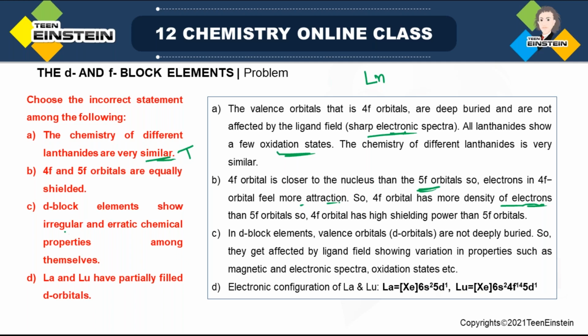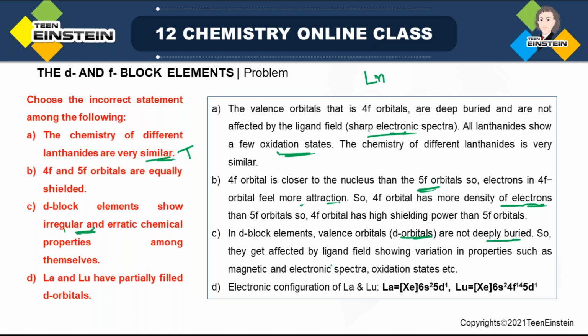D block elements show irregular and erratic chemical properties among themselves. The third statement is related to D block elements, and it is saying that there are irregular and erratic chemical properties among themselves. That means a regular trend in the chemical property is not observed. So in D block elements, valence orbitals, that is D orbitals, are not deeply buried like 4f.